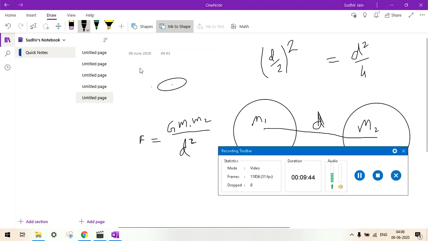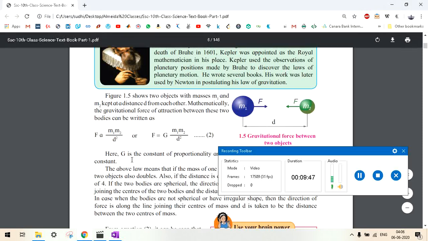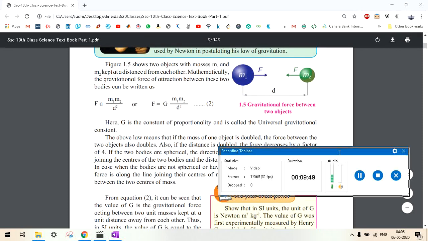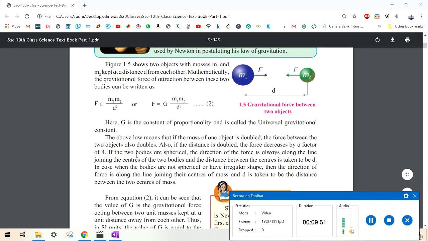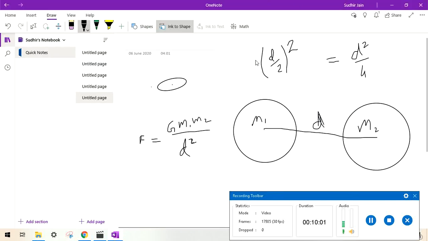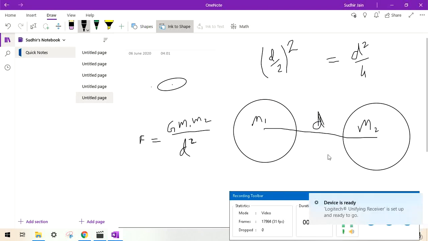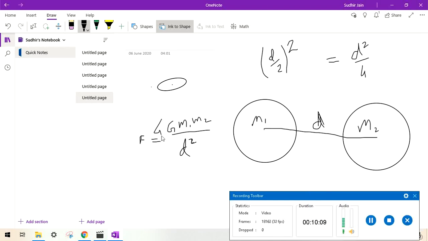Okay, now let's go back to the topic. I hope you have understood now. This example actually had a little mistake. If you decrease the distance, it will become d square by 4, and this 4 will go to the numerator, so the force will become 4 times.